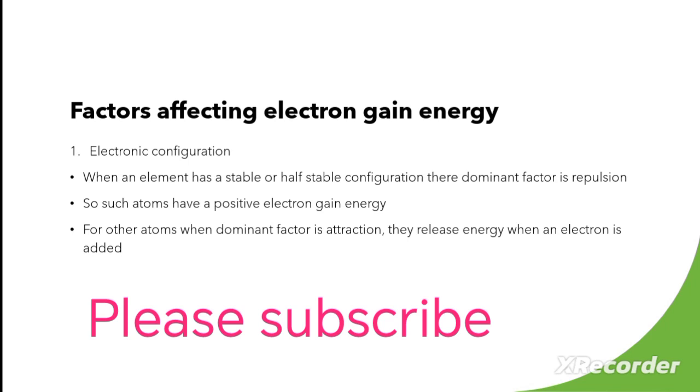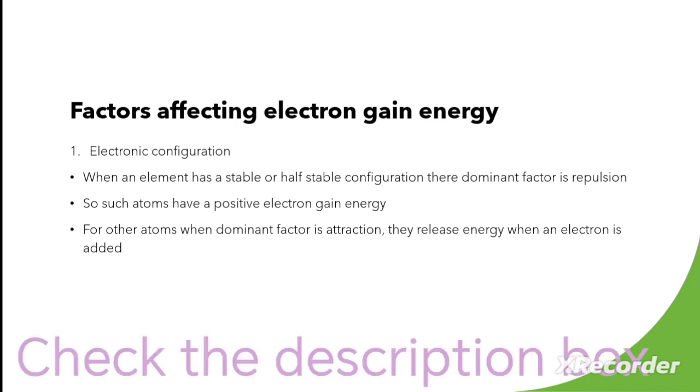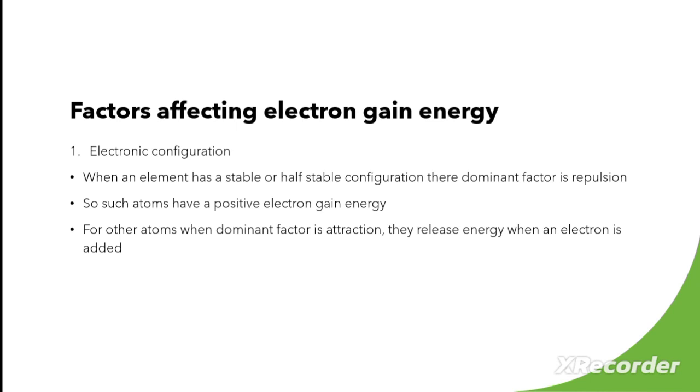If energy is absorbed when an electron is taken by that element, we represent the electron gain energy as a positive value. If energy is released when taking an electron, that energy is a negative value. So that is the difference.